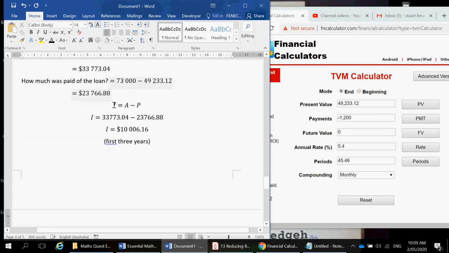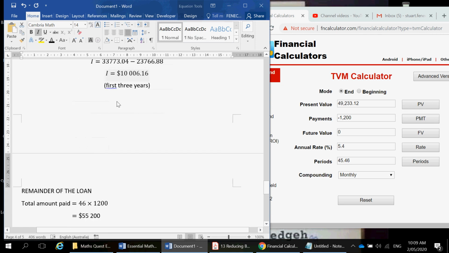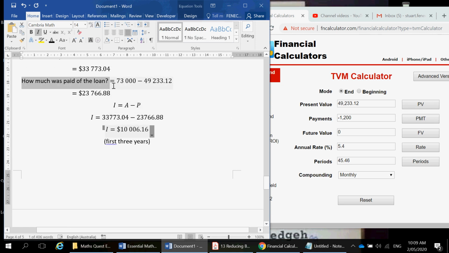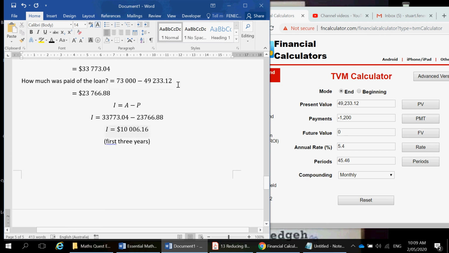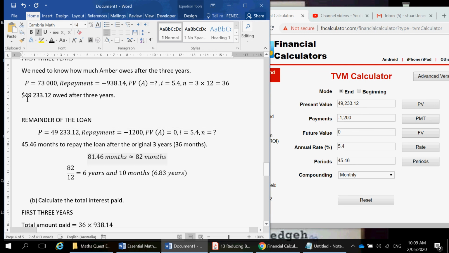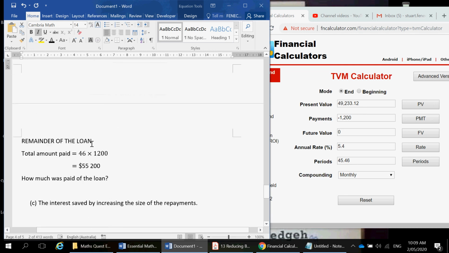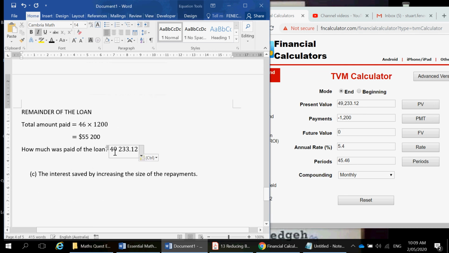And then we've got to work out how much was paid off the loan. It's easier this time because for the remainder of the loan, she was paying off that amount that was left. Remember after 3 years that she owed $49,000? That's the amount she's paying off in the remainder of the loan. So that bit's a bit easier for the second half.